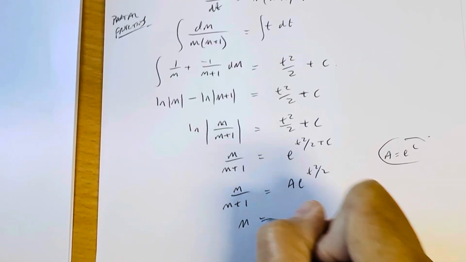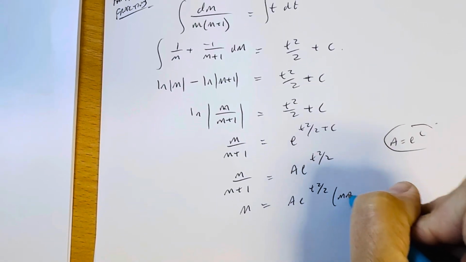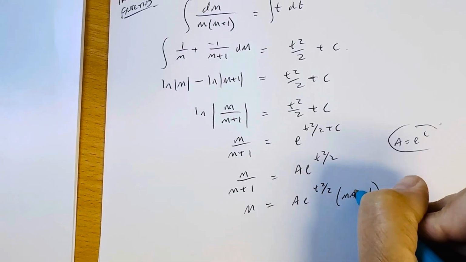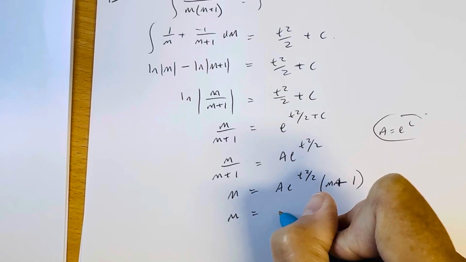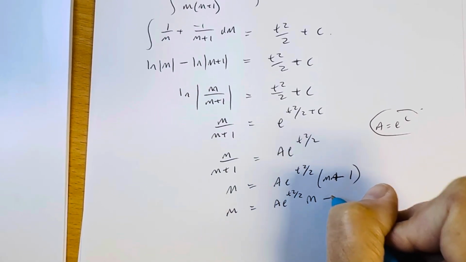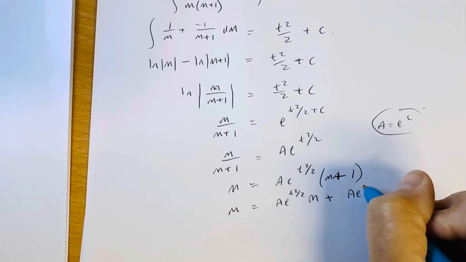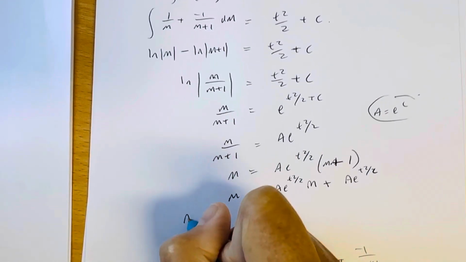If you remember, we multiply the m plus 1 over, expand it, a e to the t squared on 2 times m plus a e to the t squared on 2. Bring this over.